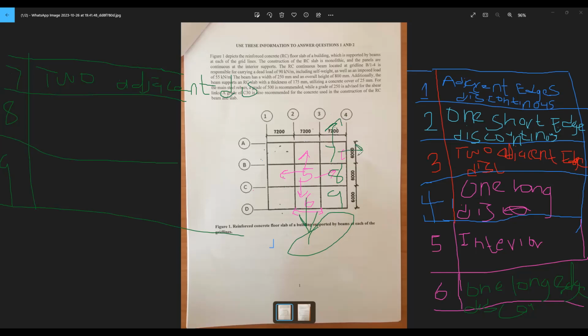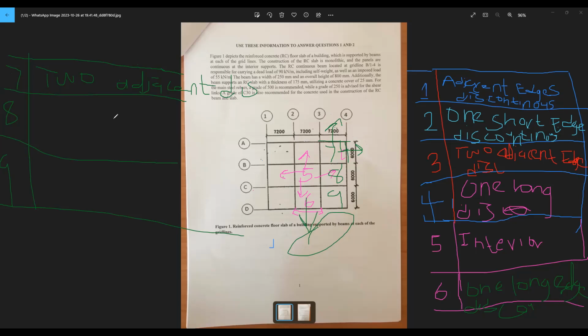Here we have a longer edge and a shorter edge, and the angle between them is 90 degrees. So you have two adjacent edges discontinuous. That's correct.